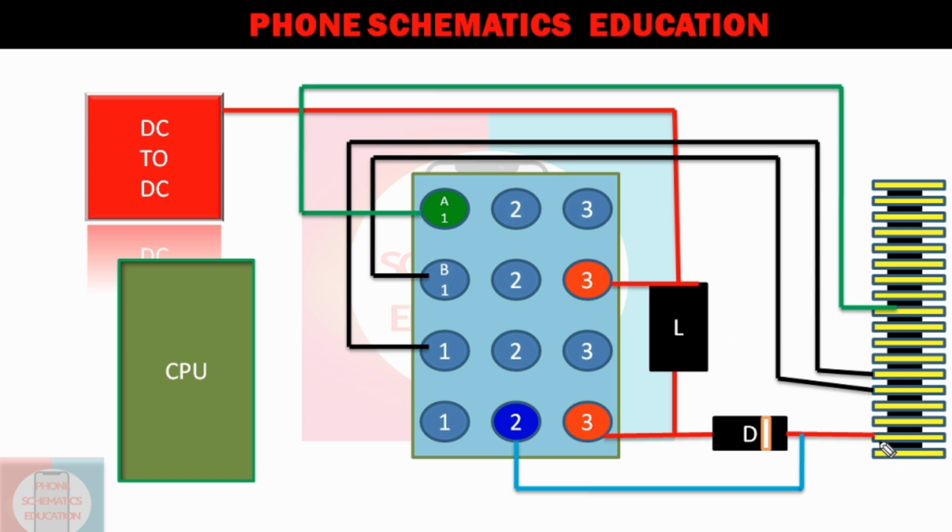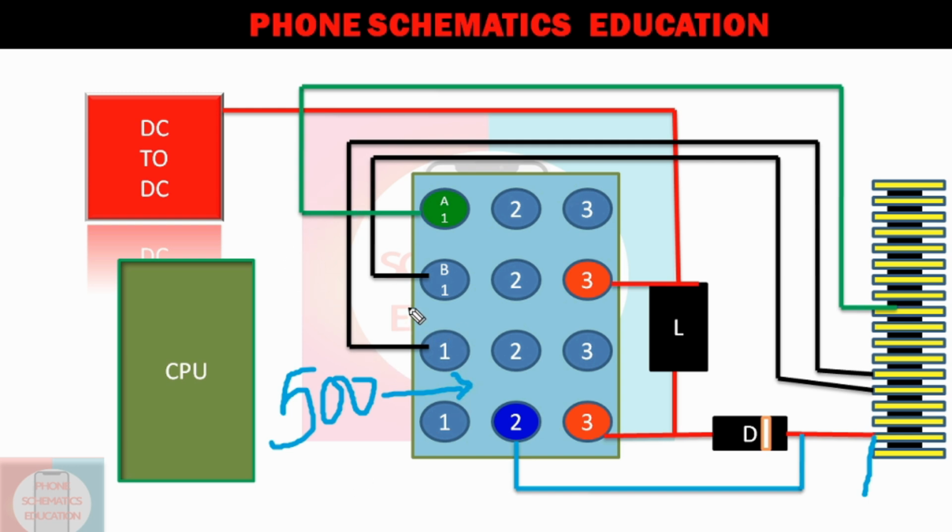Now first, black probe on this point, anode line, red probe on a ground. Suppose there is a value around 500, that means this line is connected to the IC.